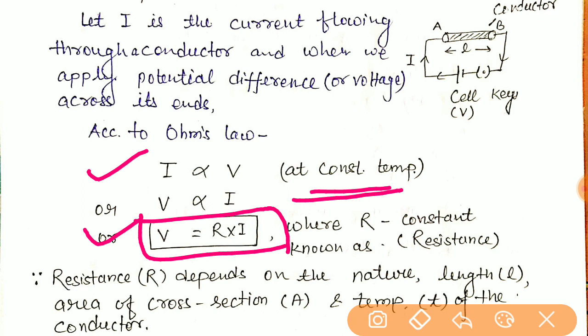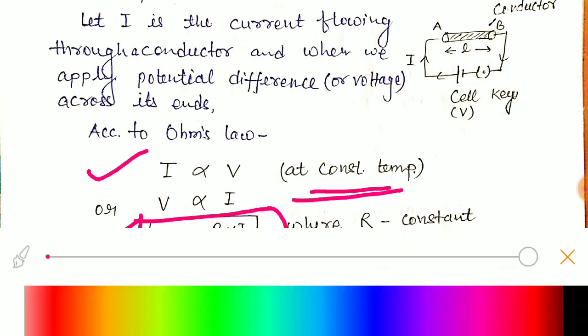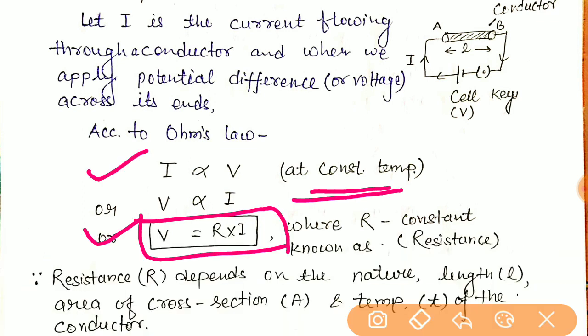This is known as Ohm's law. This is very famous. I hope you understand this and remember it, and it is very important for solving numericals, and its experiment is also very important. Note it in your notebook, learn it and see previous year question papers. This is very important.